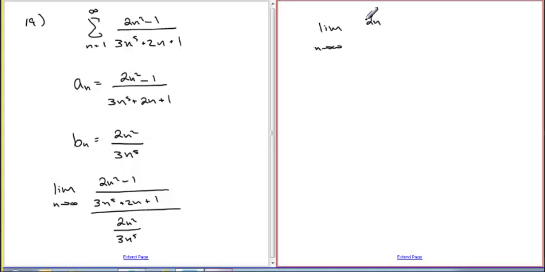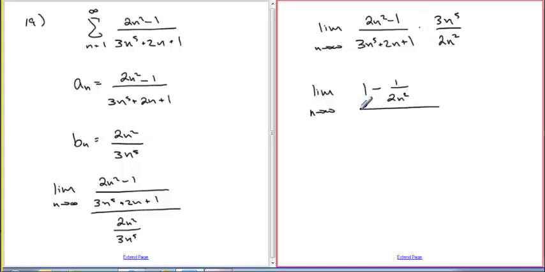So again, we take the reciprocal. And if I divide each one of those by that, I'm going to get 1 minus 1 over 2 to the n squared here.